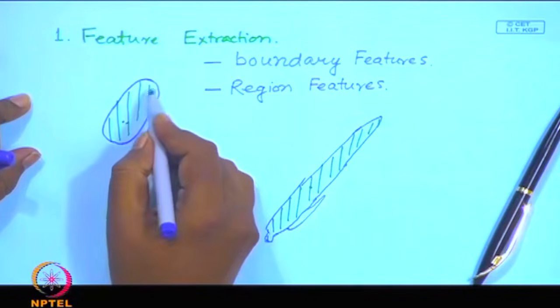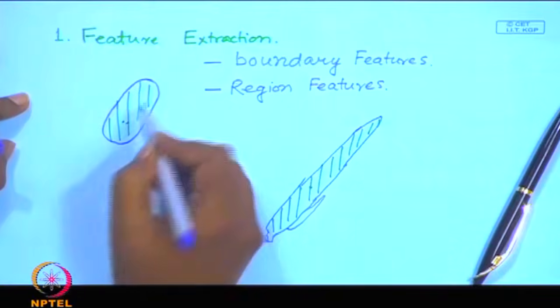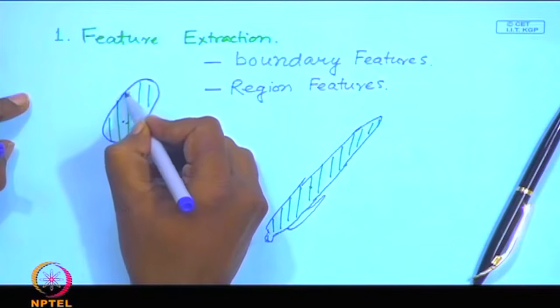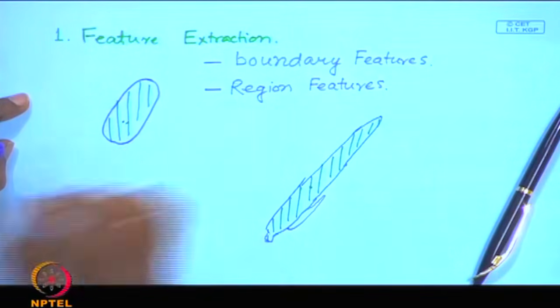So, boundary feature is the feature or the set of features which can be derived, which can be extracted from the boundary of the object.